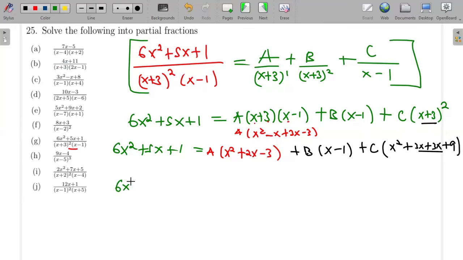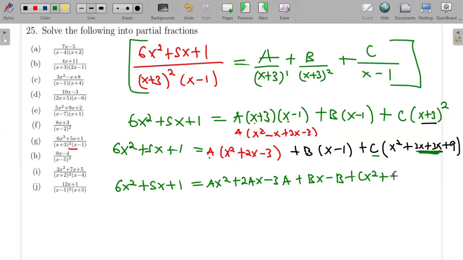So 6x squared plus 5x plus 1 is equals to a multiplied by this: ax squared plus 2ax minus 3a, then plus bx minus b, plus cx squared plus c multiplied by this, so that would be 6cx plus 9c. I'm going to group whatever has the square together, whatever has x together, and whatever does not have any x together as well.